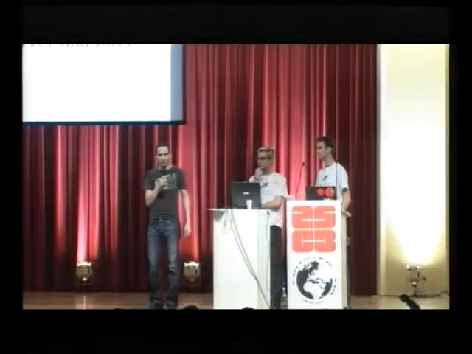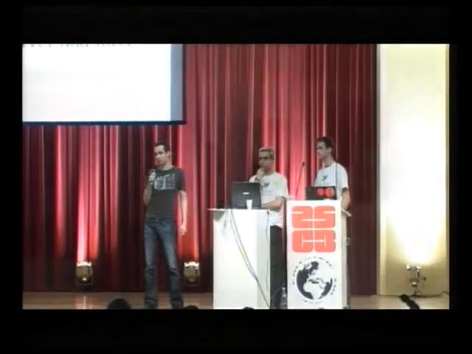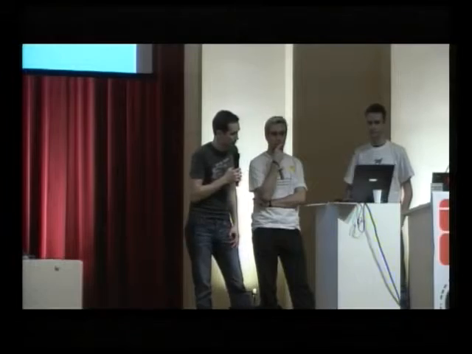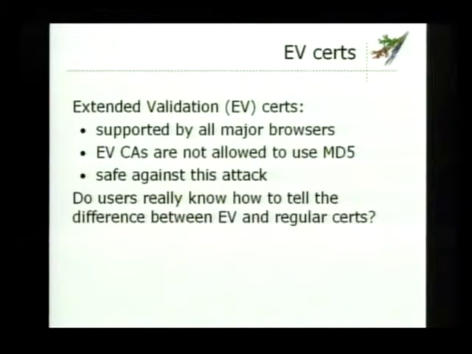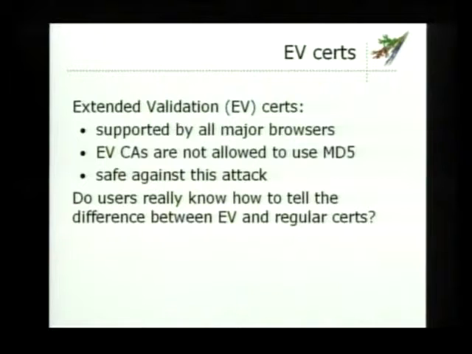And revocation for SSL certificates has been a pretty serious issue, even regardless of our work. So you can't really rely on revocation. EV certs are something that will help you if you actually understand the difference between EV certs and normal certs, if you know where to look to find that difference.